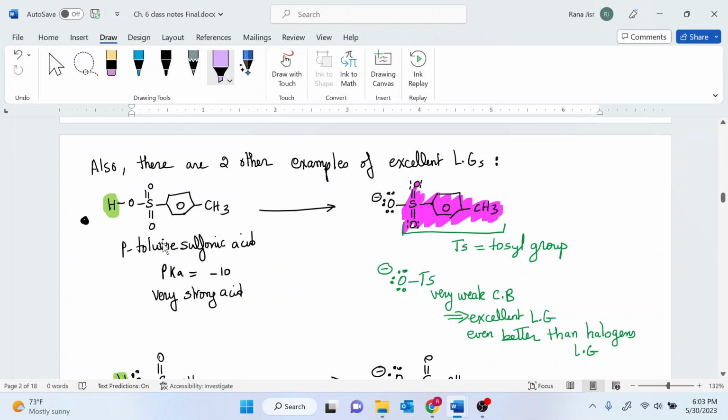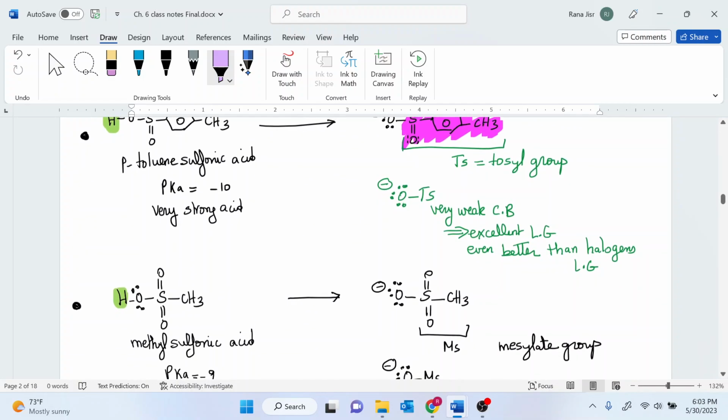We went over this one before. When para-toluenesulfonic acid, which has a pKa of -10, loses its hydrogen, it becomes a conjugate base. That conjugate base is going to be a very weak base. We abbreviate that as OTs, and this is the Ts group, which is the tosyl group. This is an excellent leaving group because it is a very weak base.